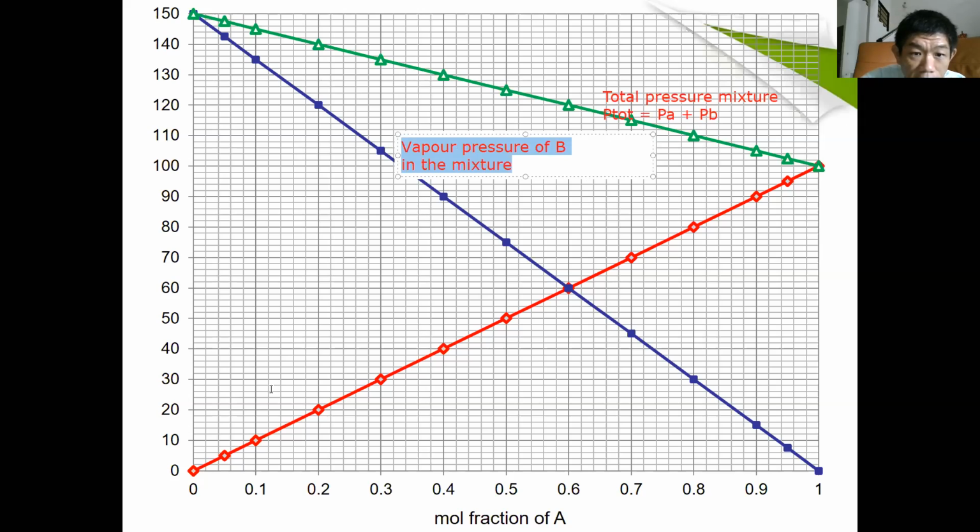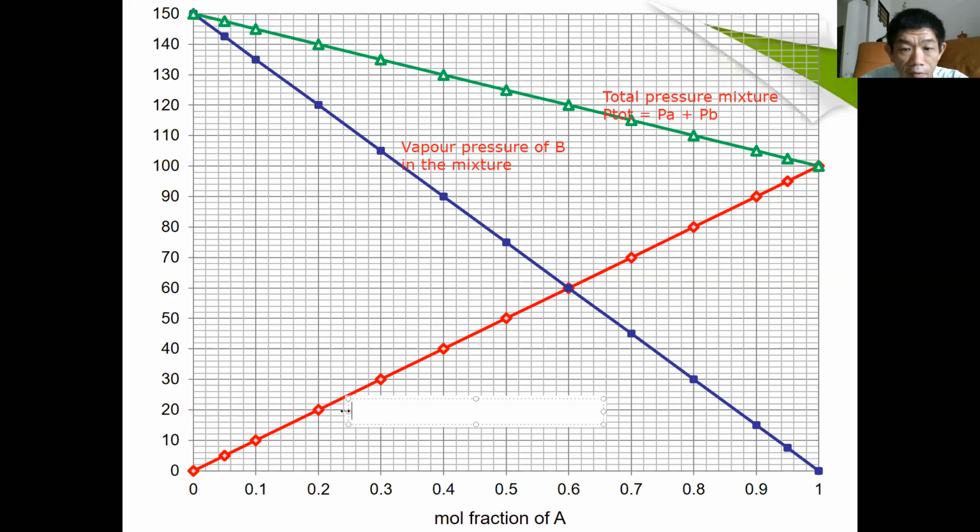Okay, where this red line represents the vapor pressure of A in the mixture in here. Whereas this one indicates the pure B, and this will indicate the pure A in here. Can you understand?